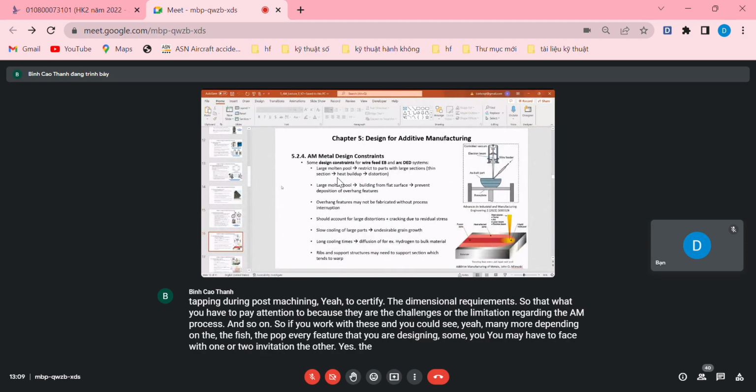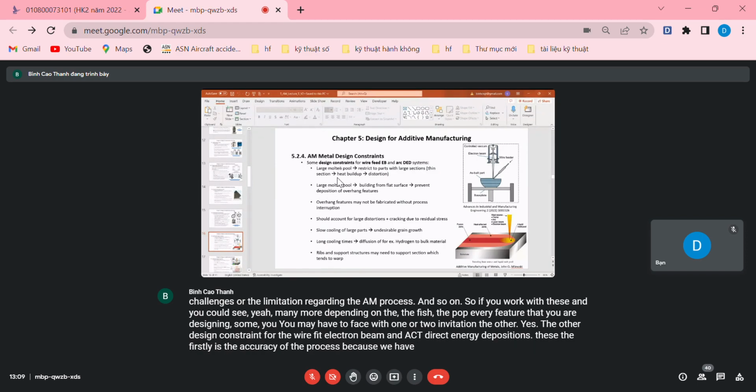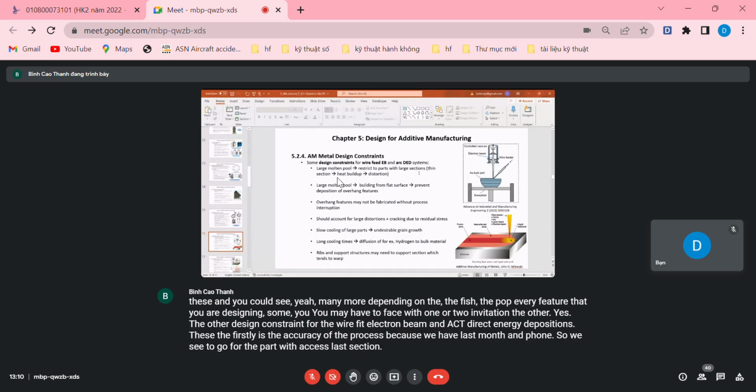The other design constraints are for wire-fed electron beam and arc directed energy deposition. Firstly is the accuracy of the process, because we have a large molten pool. So it's suitable for parts with large sections.